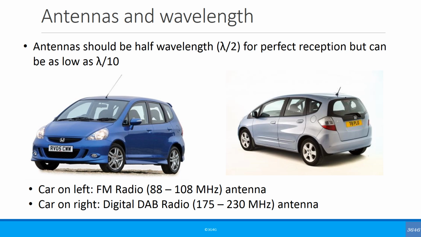The car on the left hand side has an antenna for FM radio only, which is 88 to 108 megahertz, whereas the car on the right not only caters for FM radio but also for the digital DAB radio, which is 175 to 230 megahertz. Again, this is a very simplistic explanation because in reality the car on the right has an active antenna, but this is a completely advanced topic, so we won't look at it now.